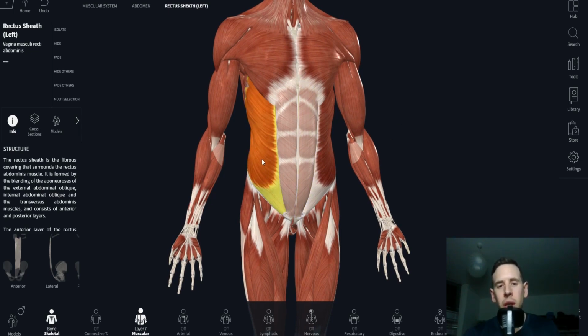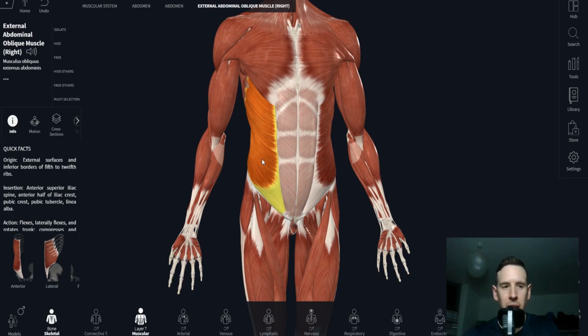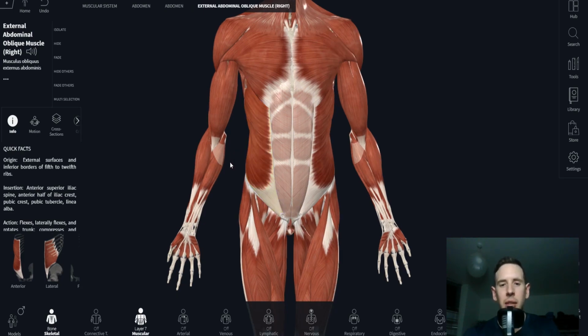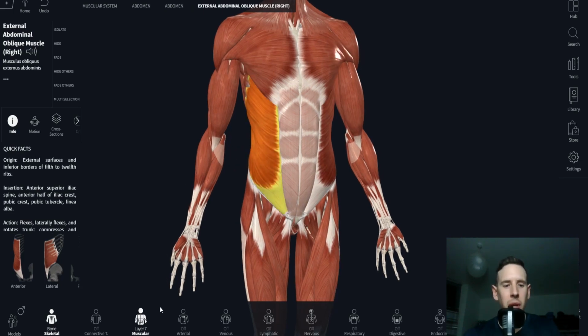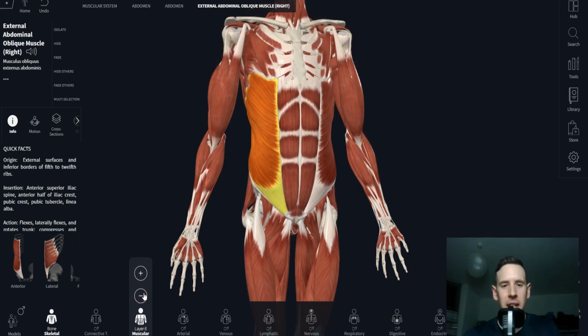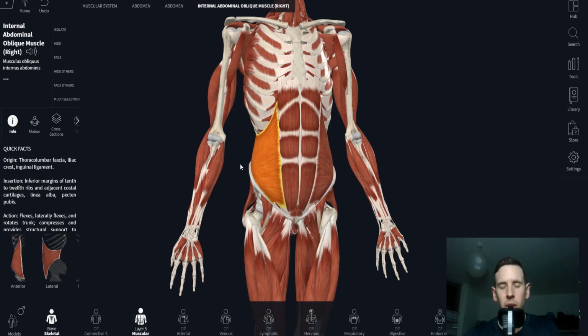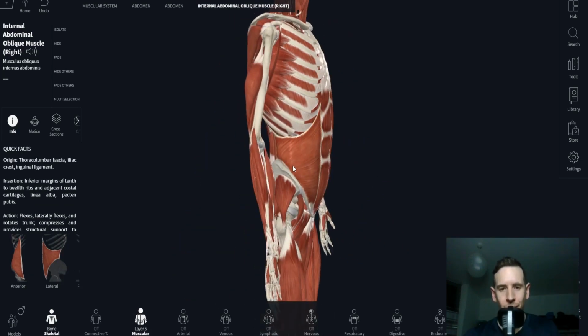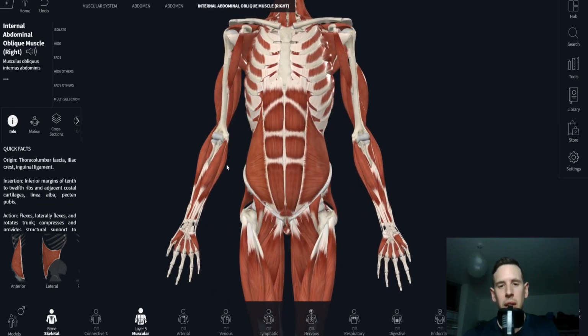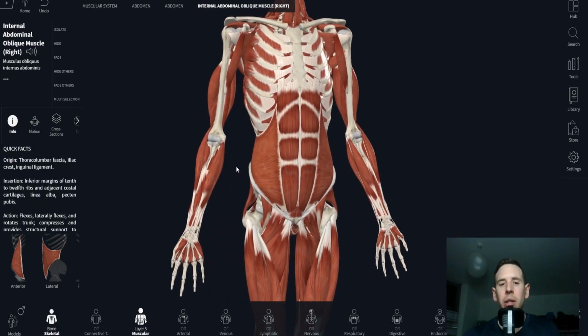We've also got the external obliques, and actually they aren't the only obliques, because if we take our tour a little bit deeper and take off some layers, you'll see that we've got the internal obliques as well. So we've got two sets of obliques.